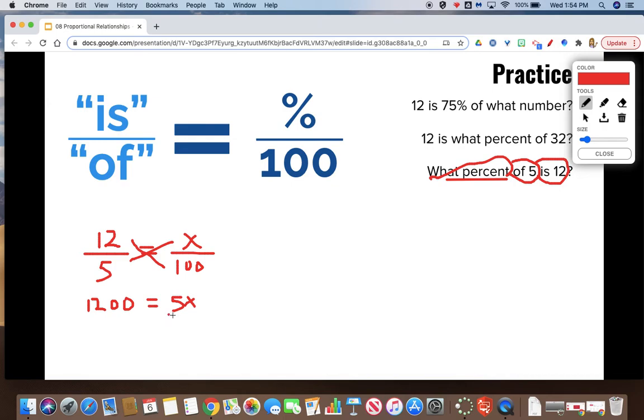We divide both sides by 5 to get our answer. 1200 divided by 5 gives us 240. That means 240% of 5 is 12. And that makes sense because 12 is a lot larger than 5, so that makes sense that it would go over 100%.